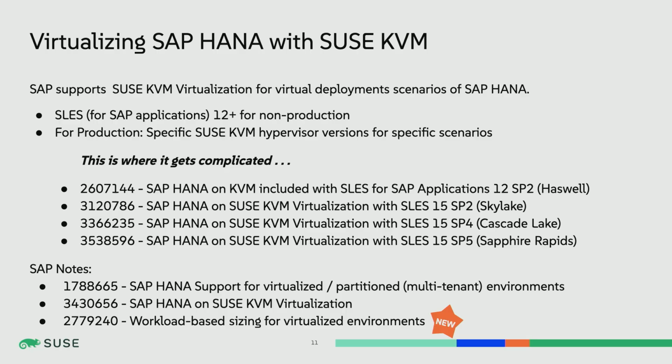For production workloads, we have to validate specific hypervisor versions for specific scenarios. And just from the volume of SAP notes I have listed here, you can tell that it's not only the hypervisor version, which is in our case the service pack level, but also hardware generations.